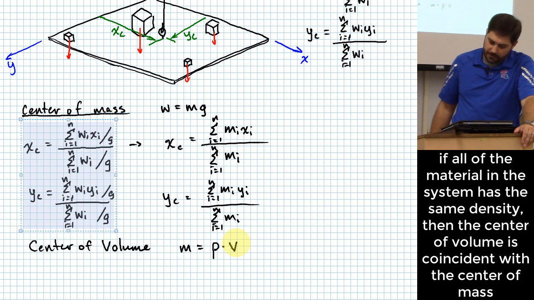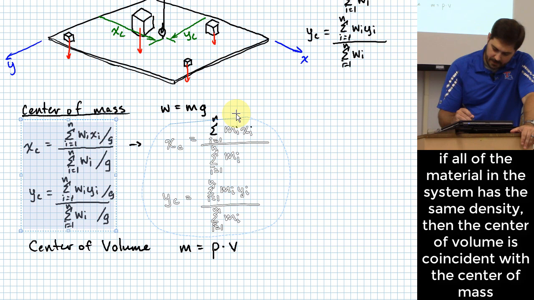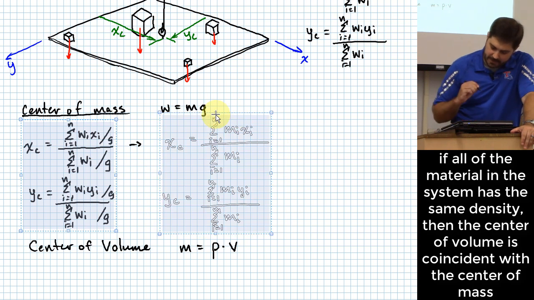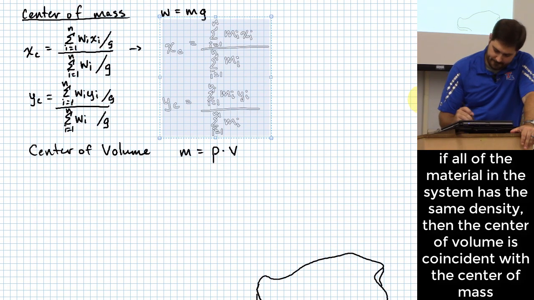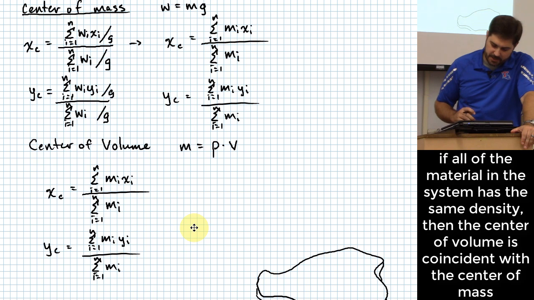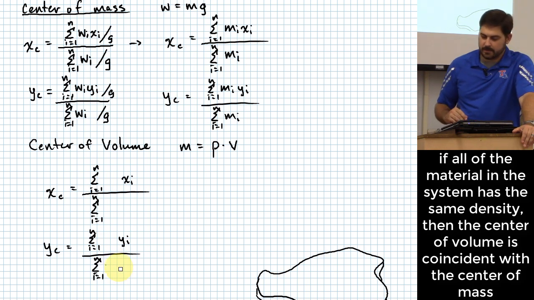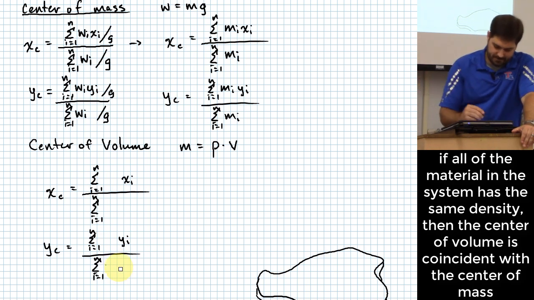Okay, so what if I go through and I divide these expressions here by density? Put them over here. Okay, what changes? Instead of my masses, if I'm dividing by density, assuming density is a constant for everything in my system, what can I put there instead?